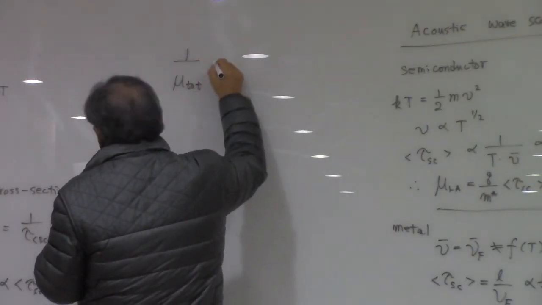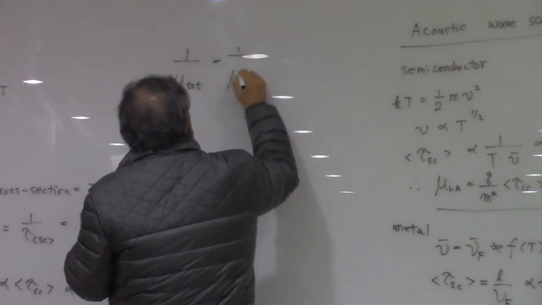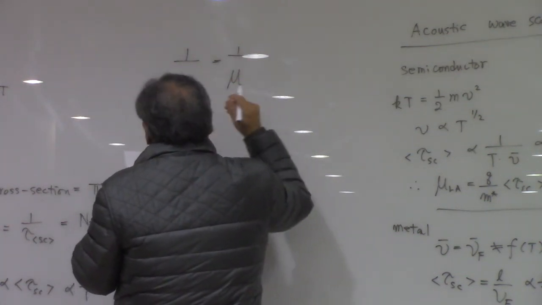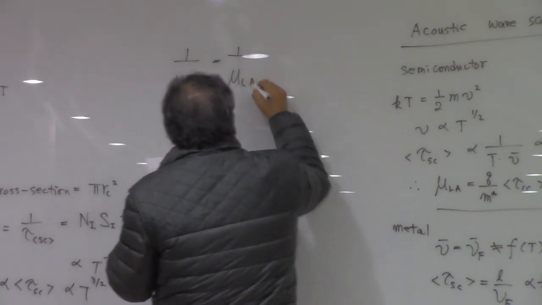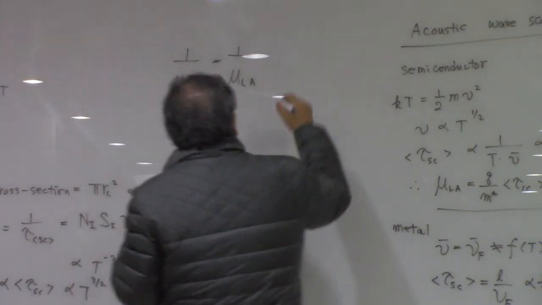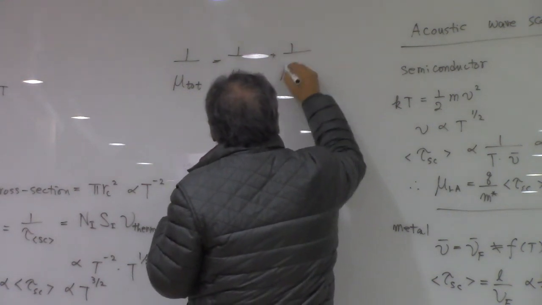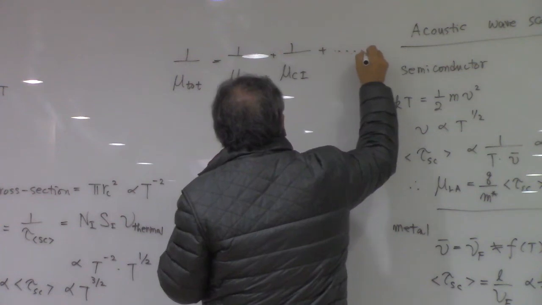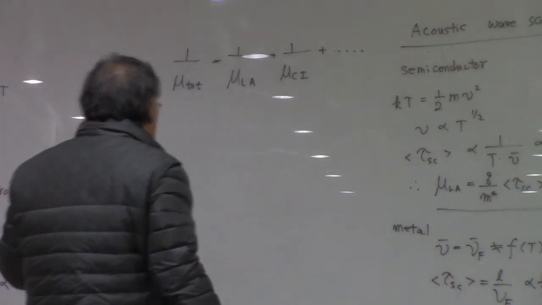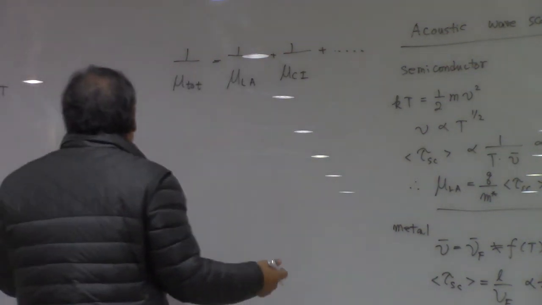The total mobility: 1 over mobility total is equal to 1 over the mobility of the lattice acoustic wave scattering, and then if it has the charged impurity, and then whatever, you should add it to that, something like that.